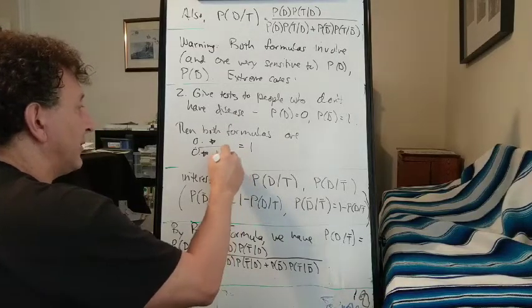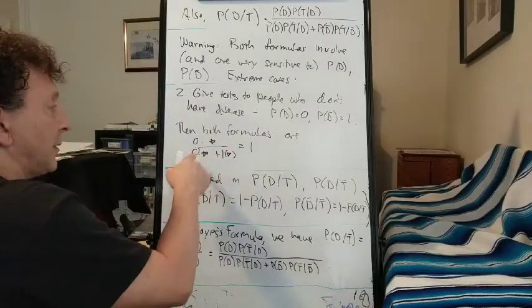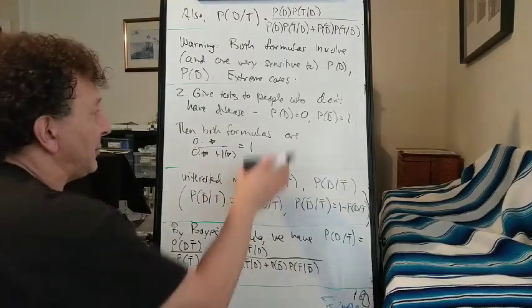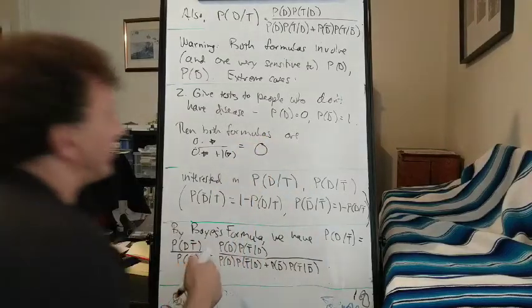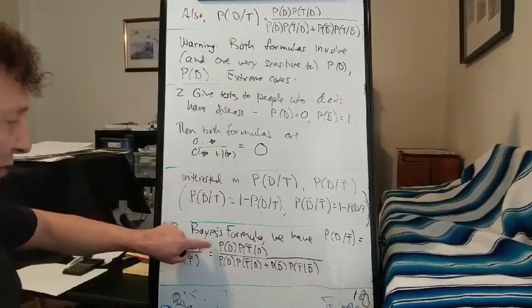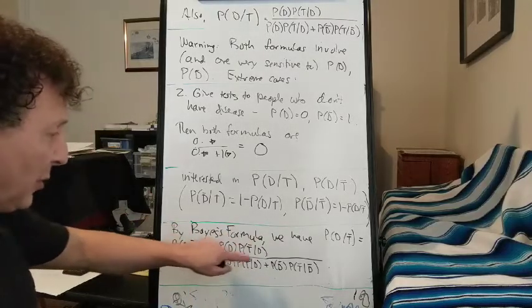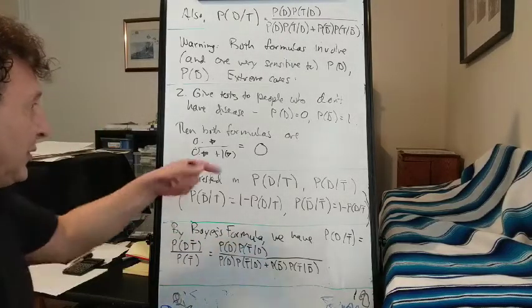I'll write a triangle, something else. 0 is in the numerator, so this is definitely going to be 0 no matter what star and triangle are. And down here, same thing. If probability of D is 0, we've got 0 over 0 plus something, which is going to be 0.